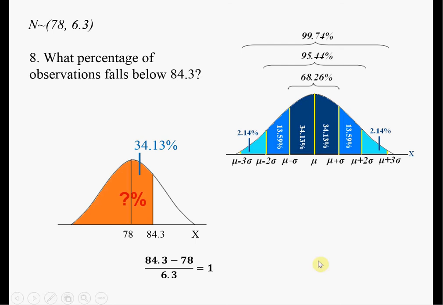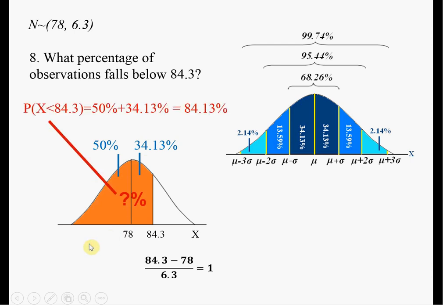After that, we know the size of this area is simply the half of the distribution, 50%. So the entire area is simply the combination of 50% and 34.13%, so it's 84.13%.